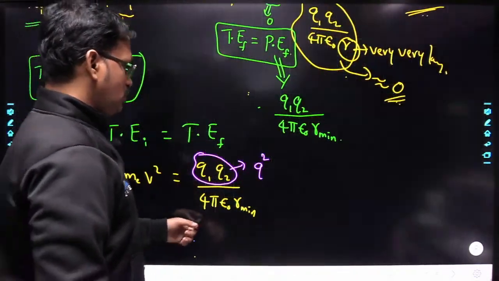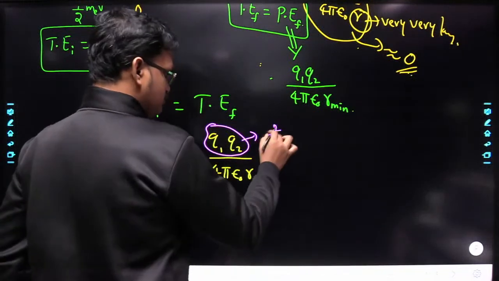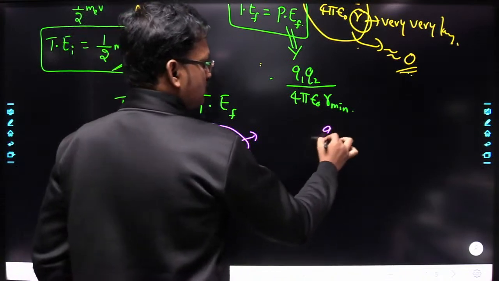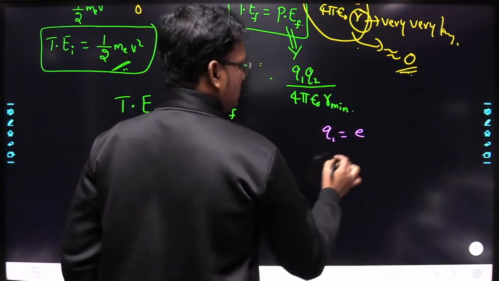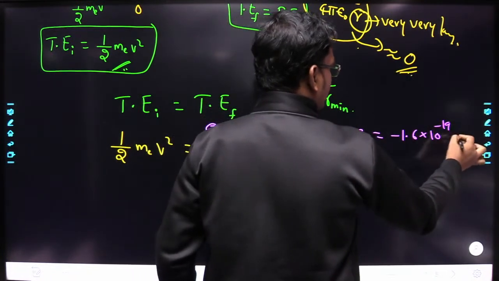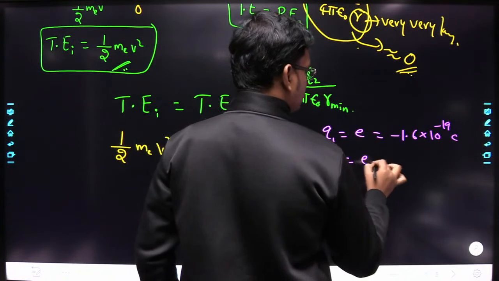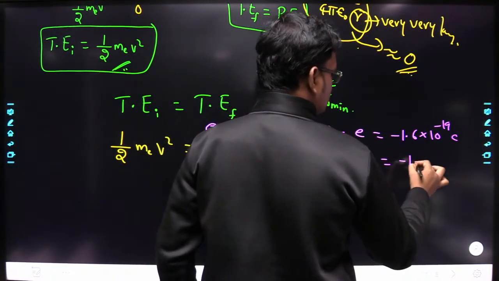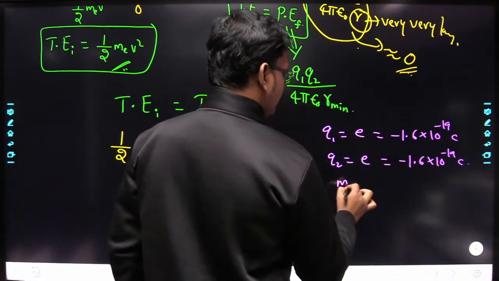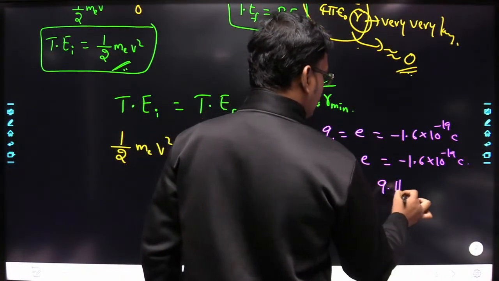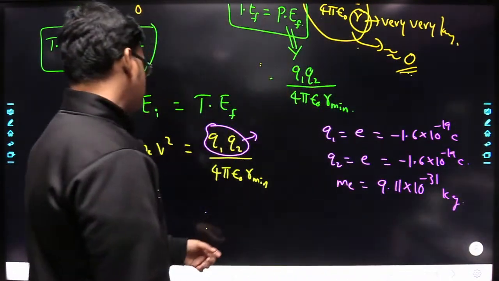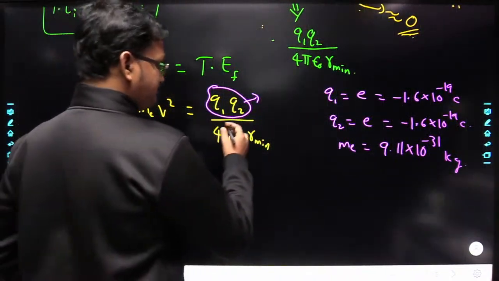So you can write, they have given in terms of e. Q1 is equal to e, which is equal to minus 1.6 into 10 to the power of minus 19 coulomb, and Q2 is also an electron. The charge on electron is minus 1.6 into 10 to the power of minus 19 coulomb, and the mass of electron they have given as 9.11 into 10 to the power of minus 31 kg. So substitute all these values here.